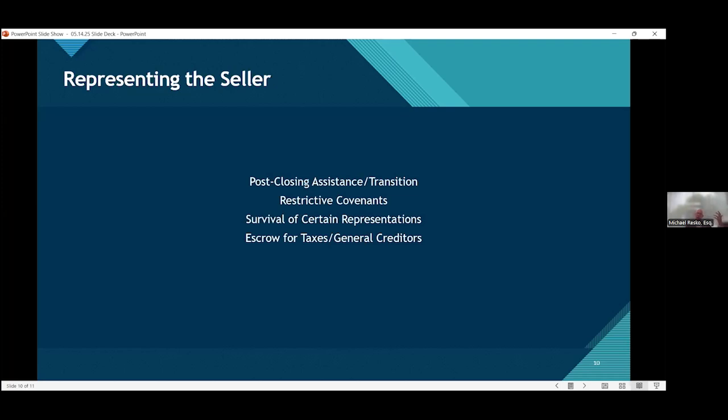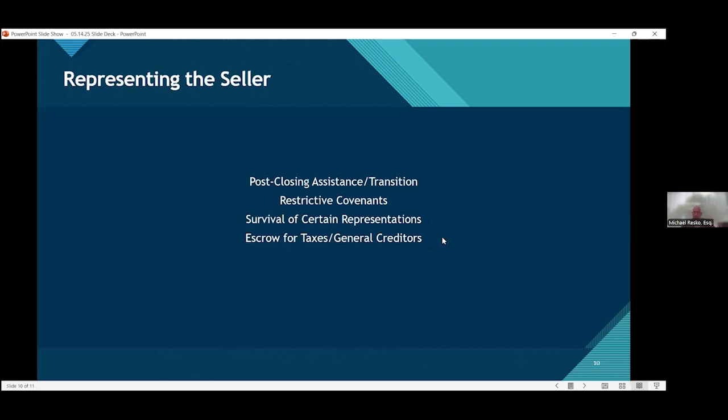So there'd typically be some restrictions on the seller opening a competing business, also non-solicitation of clients and non-solicitation of employees, all the things that would make it difficult for the buyer to actually continue running the business successfully. Your seller really shouldn't give many representations, but certain representations, maybe as to the value of assets or the corporate books and records, may survive the closing.